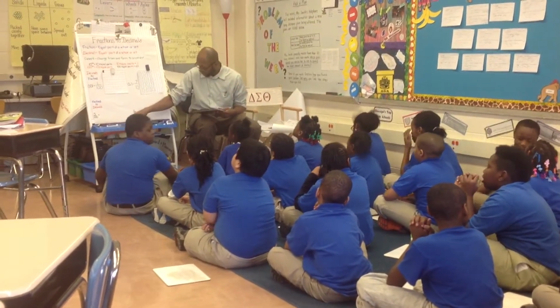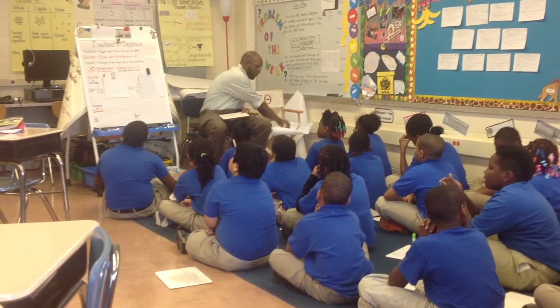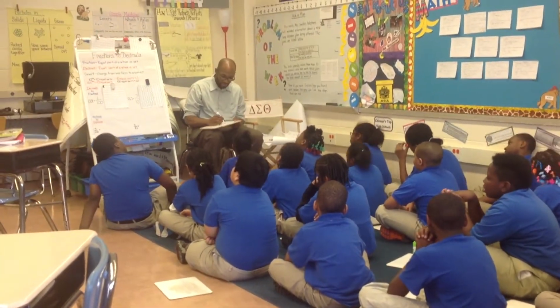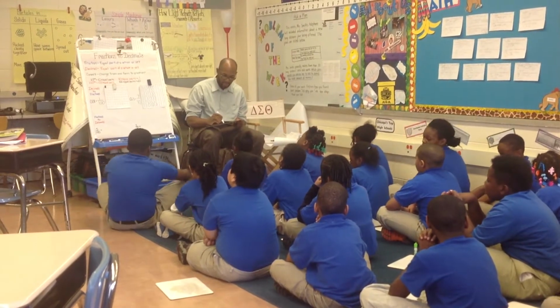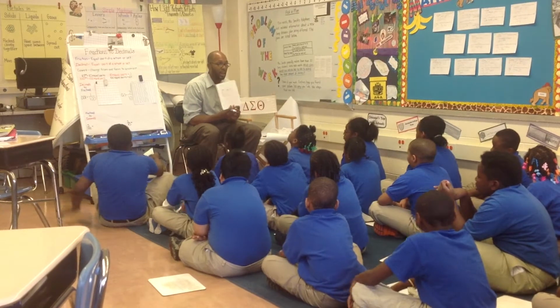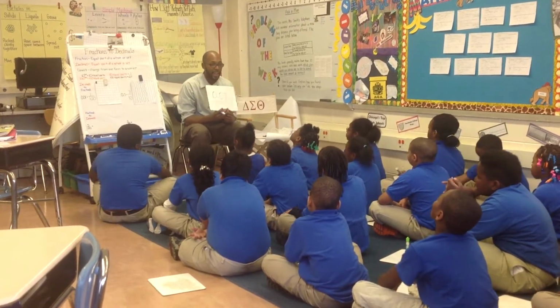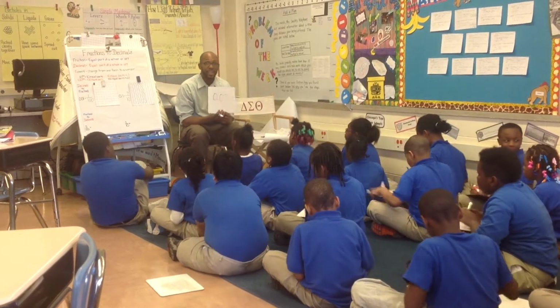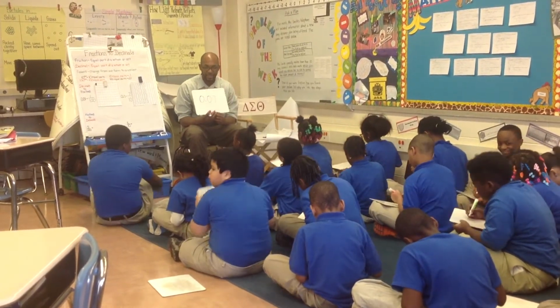So I want to write 0 and 7 hundredths as a fraction. 0 and 7 hundredths as a fraction.